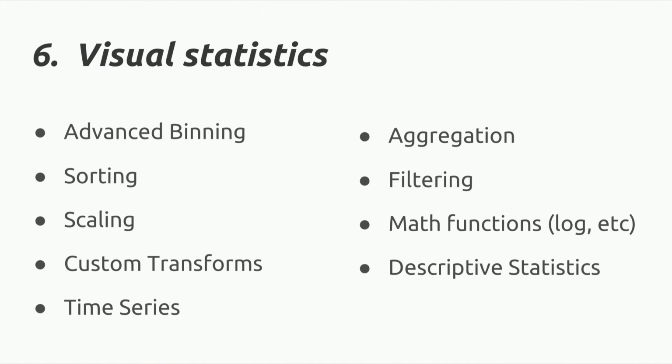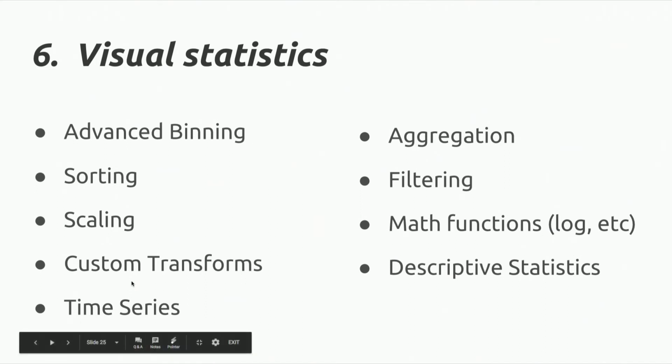I'm just listing out what's available. So there's advanced binning, like you could take a column and then bin them into different bins to visualize the data in the right way. Sorting of scales. If you want to use, in addition to linear scale, log scales or exponential scales, you could use those too.